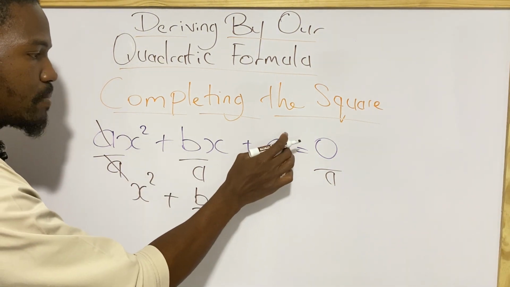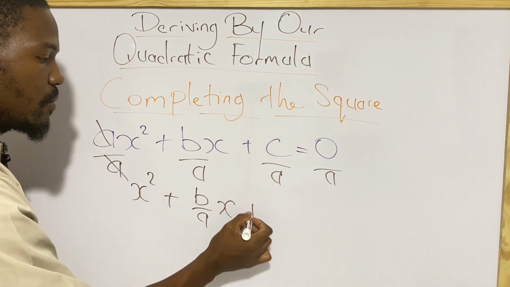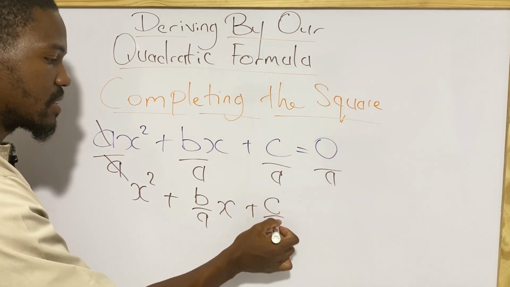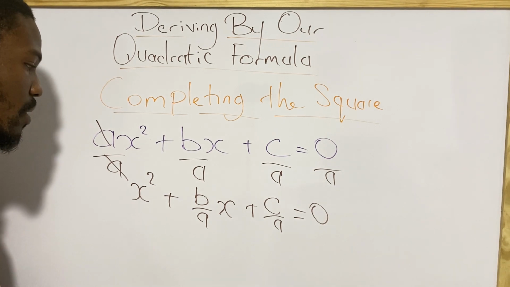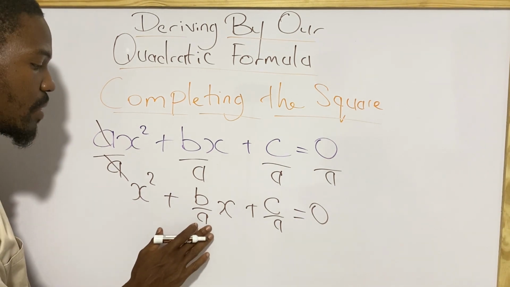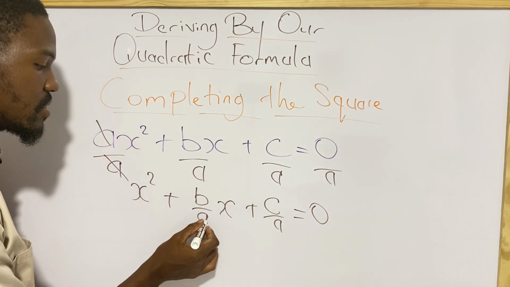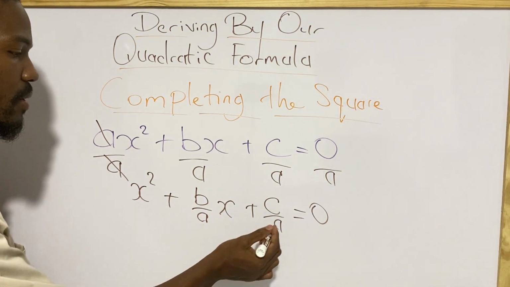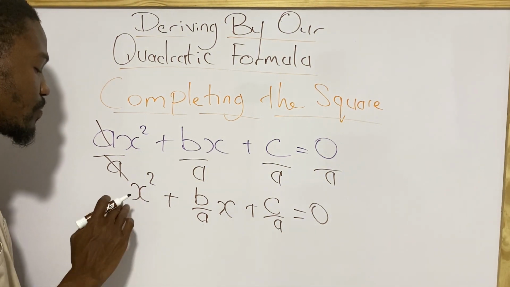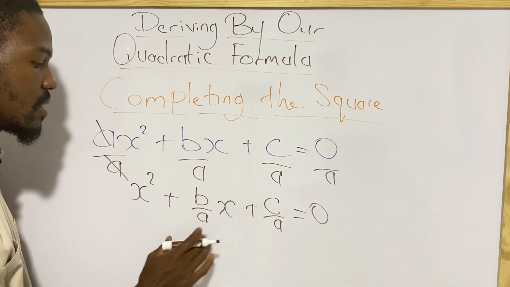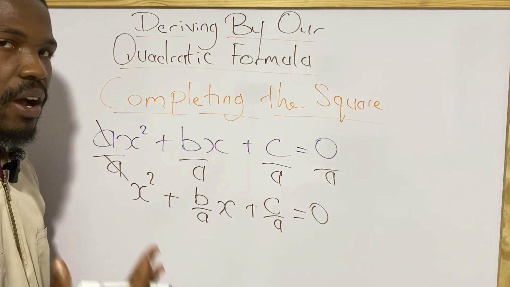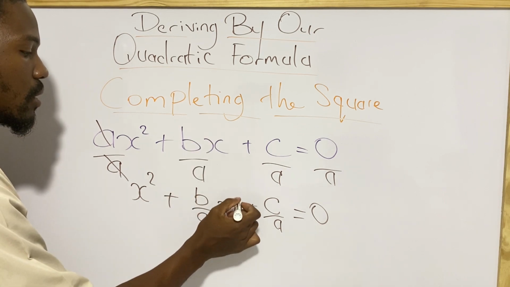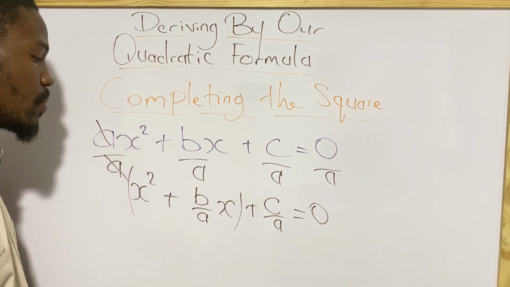And this is positive c over a, which we're just going to keep as it is. And as I said before, that's going to be 0. This is a lowercase a, just not to be confused, as it might look like a 9. Having this in play, we can actually start to think about completing our square.